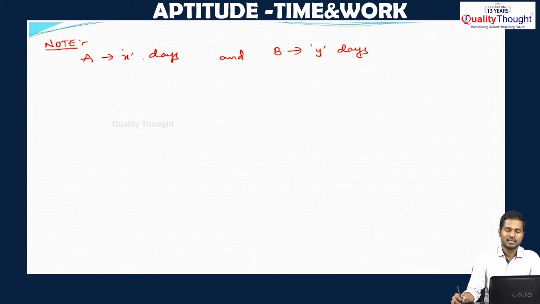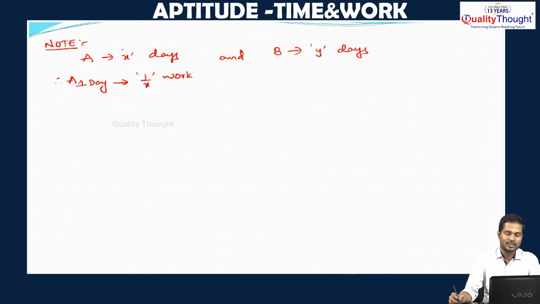See here, A will take total x days. So A's one day work is, see we have written the point: if a person takes total p days to complete the work, every day he will complete a work of 1 by p. So here, if A takes total x days to complete the work, then every day he will do a work of 1 by x.